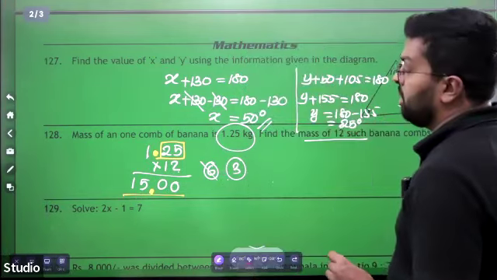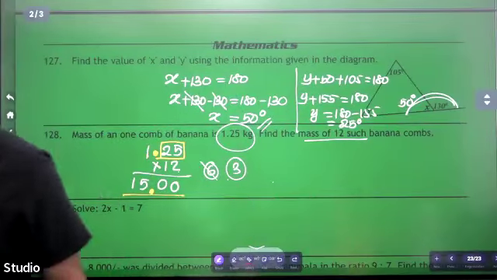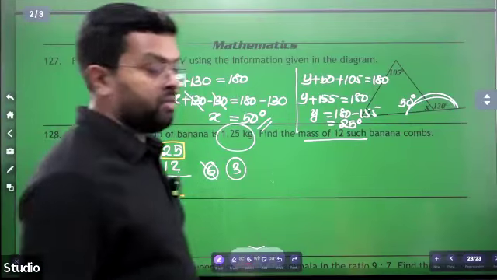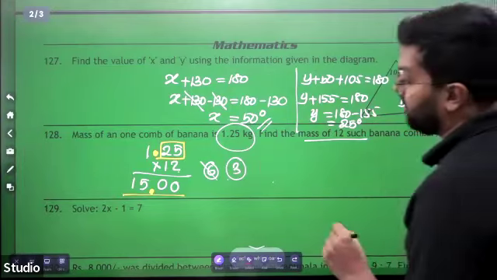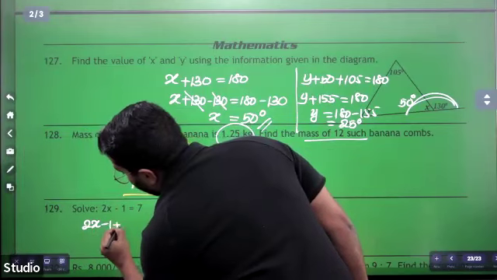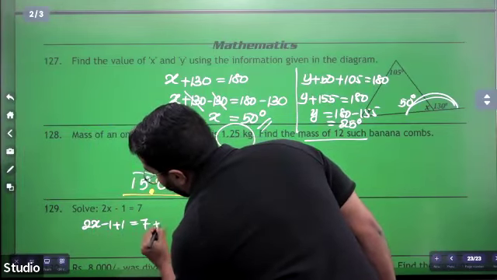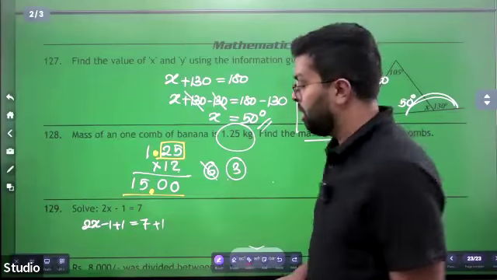Right. Question number 129. Solve this equation. 2x minus 1 equals 7. Add 1 to both sides: 2x minus 1 plus 1 equals 7 plus 1, because I wanted to eliminate this number 1 from the left hand side.